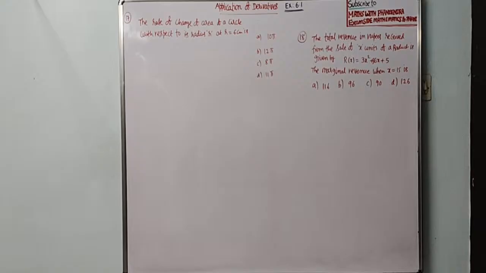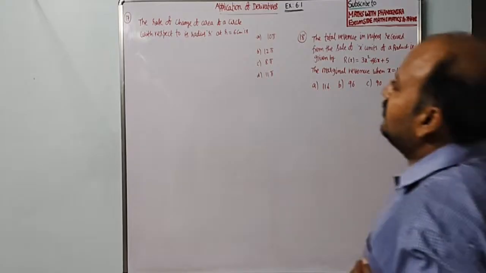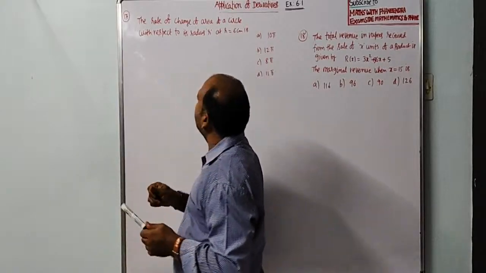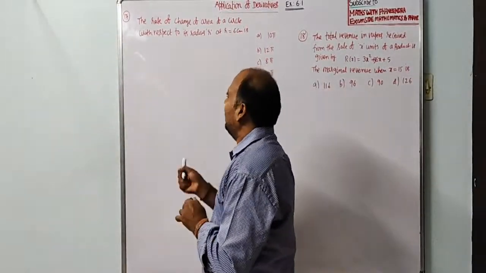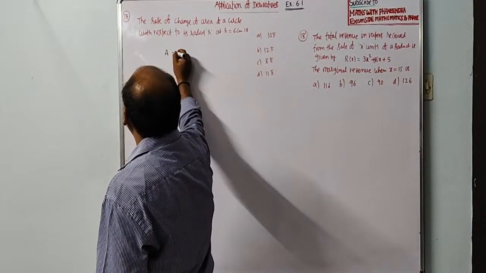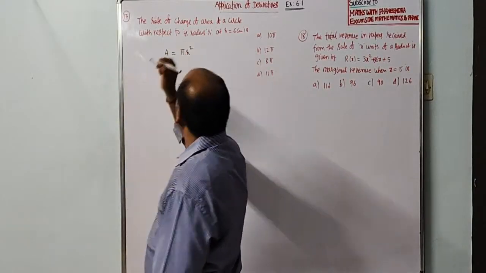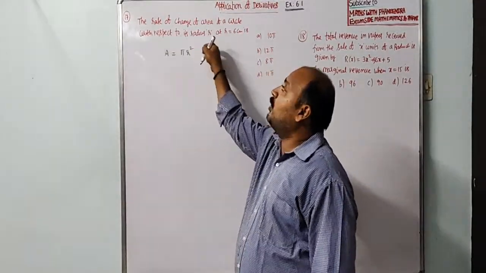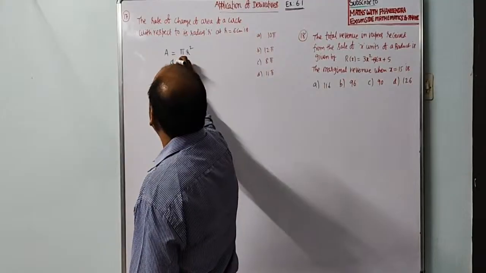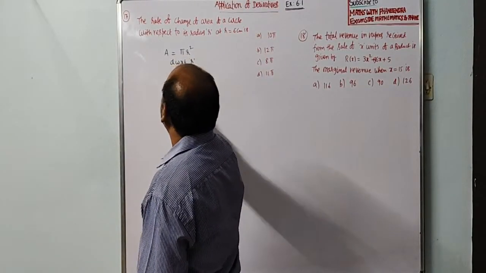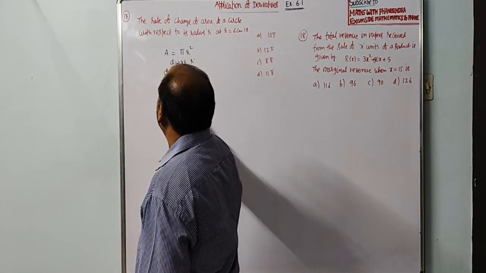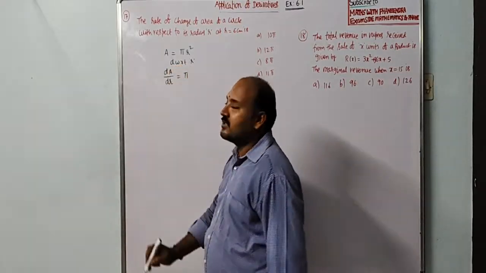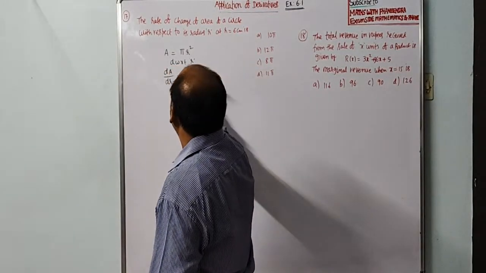See how we are going to do these type of problems. The rate of change of area of the circle with respect to its radius. Observe carefully. What is the area of the circle? A is equal to pi r square. Rate of change of area of the circle with respect to r. That means differentiate with respect to r. So dA by dr is equal to pi constant keep aside, r square derivative is 2r.